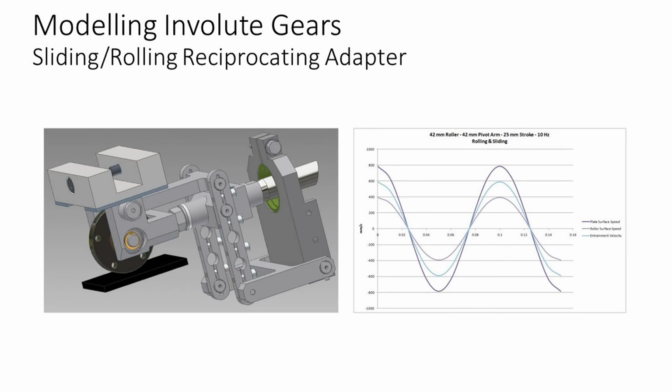An alternative to the steady-state slide-roll ratio behavior achievable with a two-roller machine, a variable slide-roll ratio contact can be generated by imposing a degree of rotation on a test roller, as it is reciprocated against a flat plate.